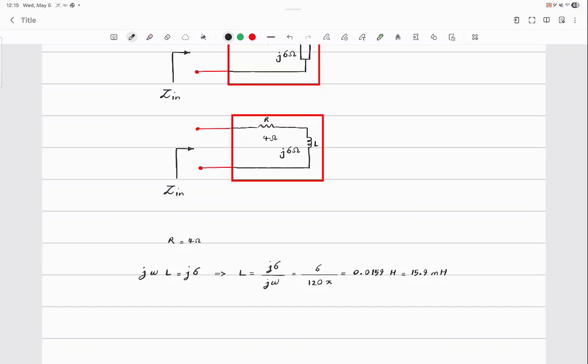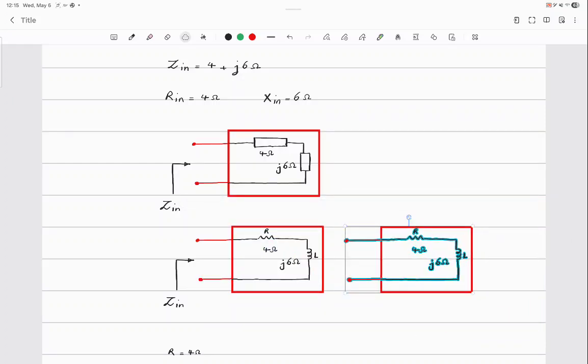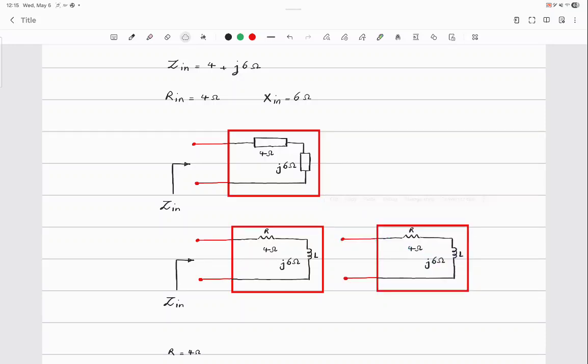The equivalent behavior is like that. For example, could it be like that?